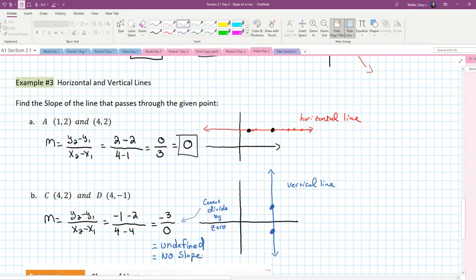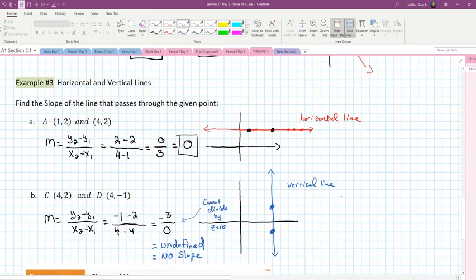Okay, so this is something just to kind of understand. Number one, hopefully at this age, you know that you can't divide by 0. And so once we're set up in this situation where we divide by 0, that just needs to be a little clue in our head that, oh, this is a vertical line. And it doesn't take long if you just, again, graph the points to see that, in fact, it is a vertical line.